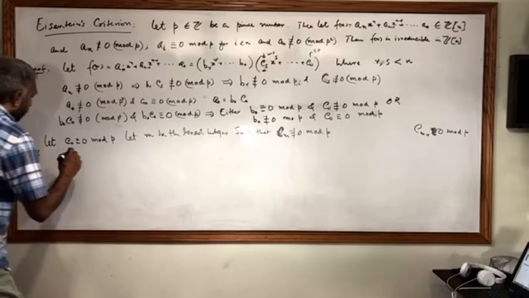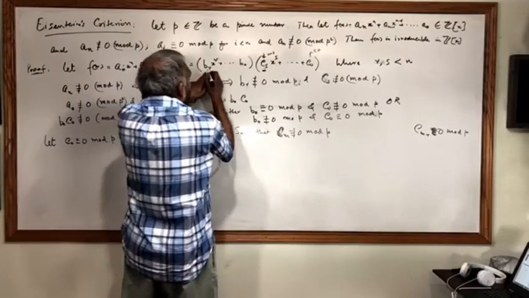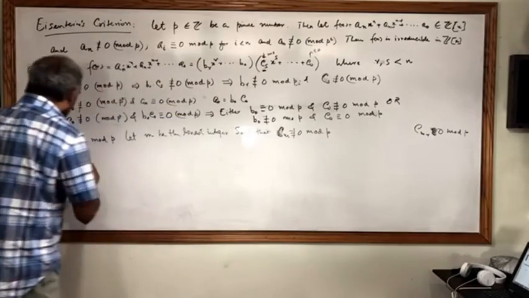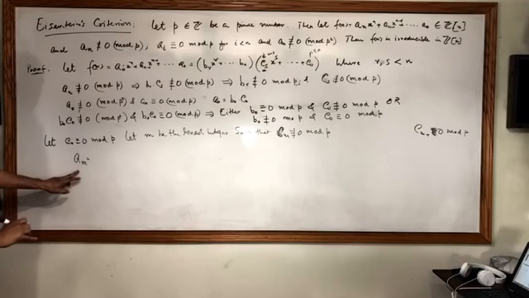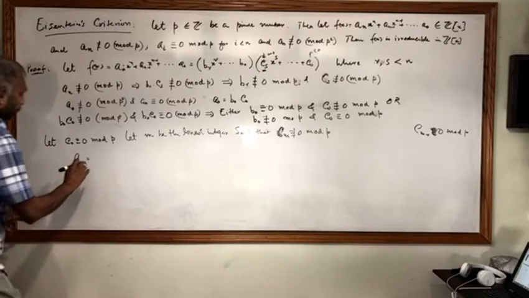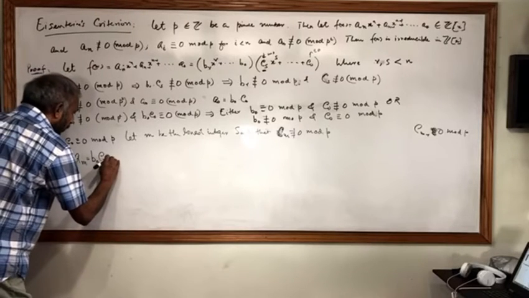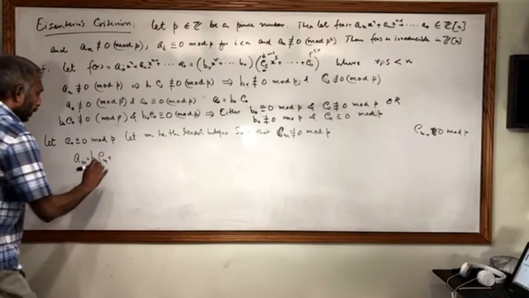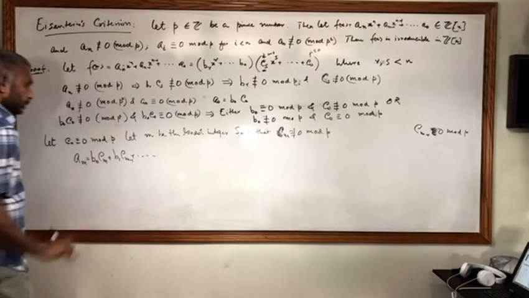Now when you multiply this, what would be the coefficient of am? am is equal to b0 cm plus b1 cm minus 1 plus and so on.